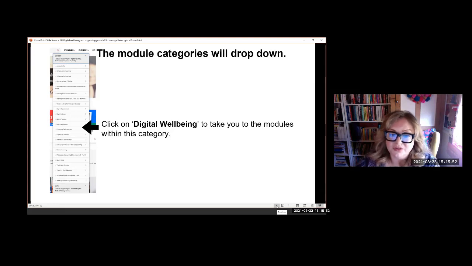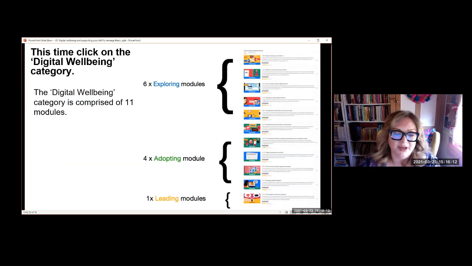So when you've got to the point where it's all dropping down and you can see all these different module categories, if you click on digital wellbeing, which is about halfway down, it'll take you to the modules within that category.